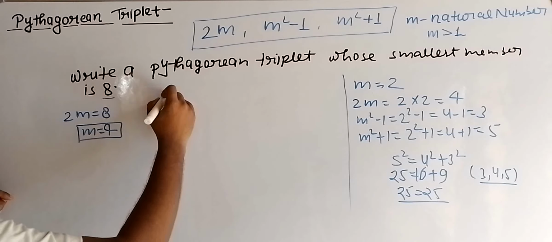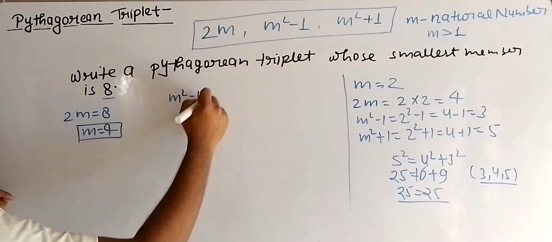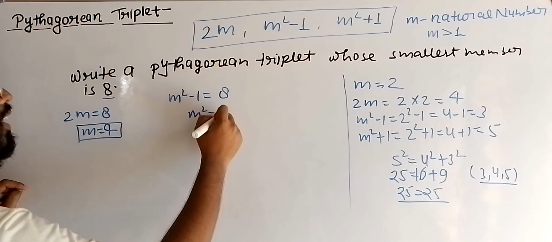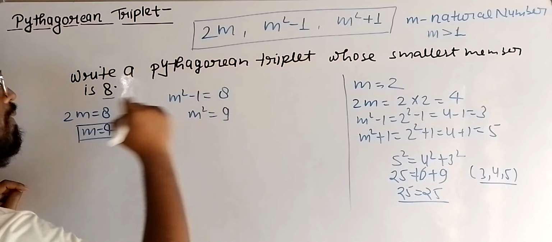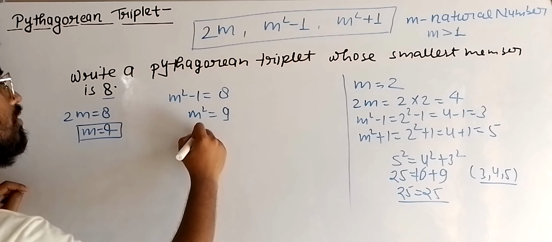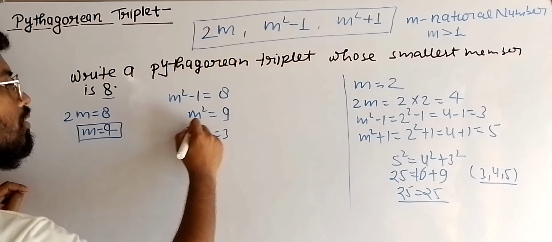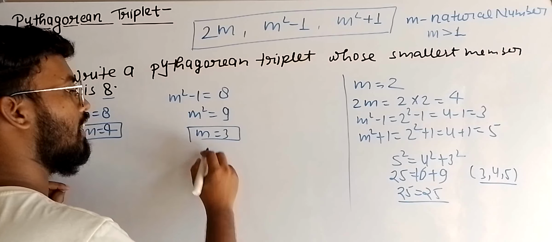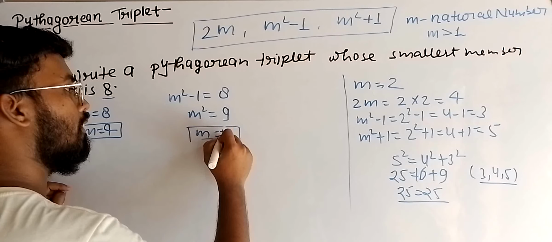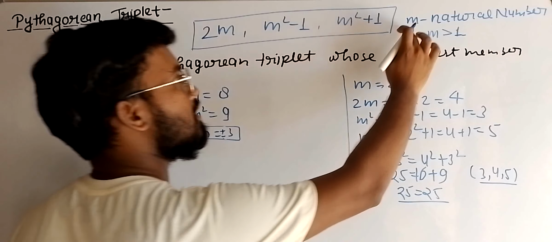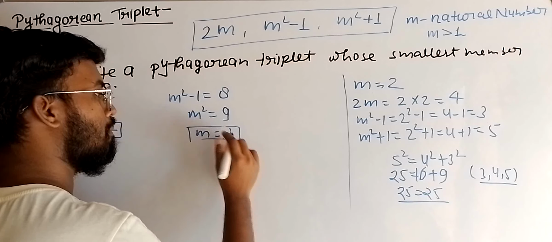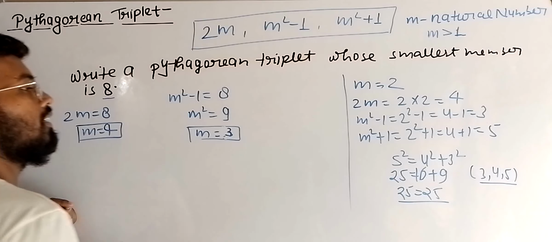Now if m square minus 1 is equal to 8, then from here we are getting m square equal to 9. So from here we are getting m equal to 3. Whereas we are getting m equal to plus minus 3, but here it is clearly mentioned that m is a natural number, so we take only the plus value, so it will be only 3.